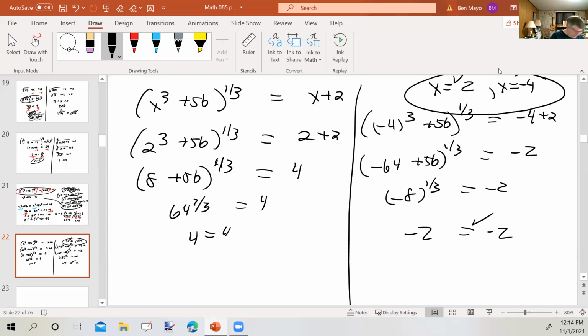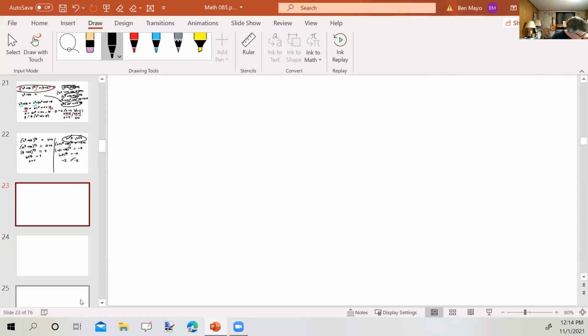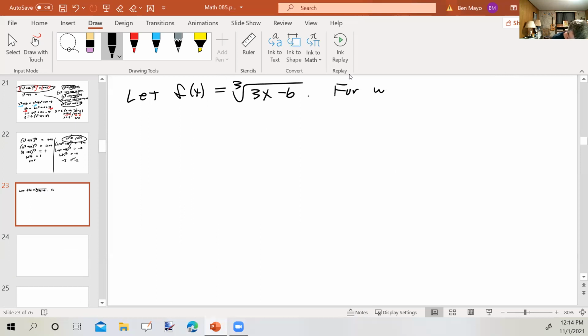Now, let's take a look at this one. It says, let f of x equal the cube root of the quantity 3x minus 6. For what value or values of x is f of x equal to negative 3?